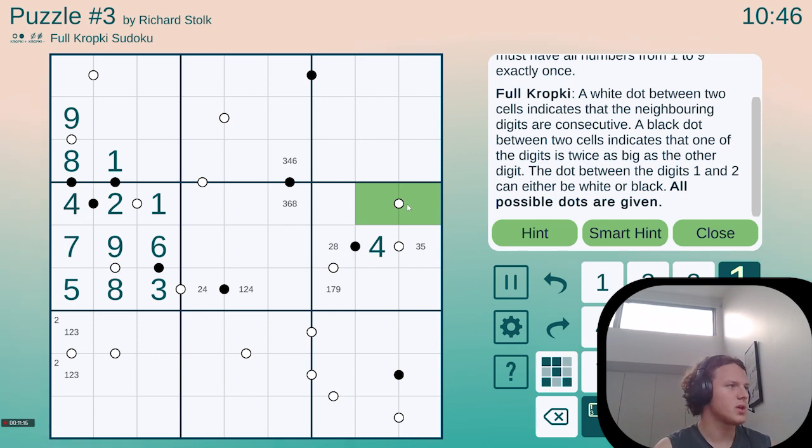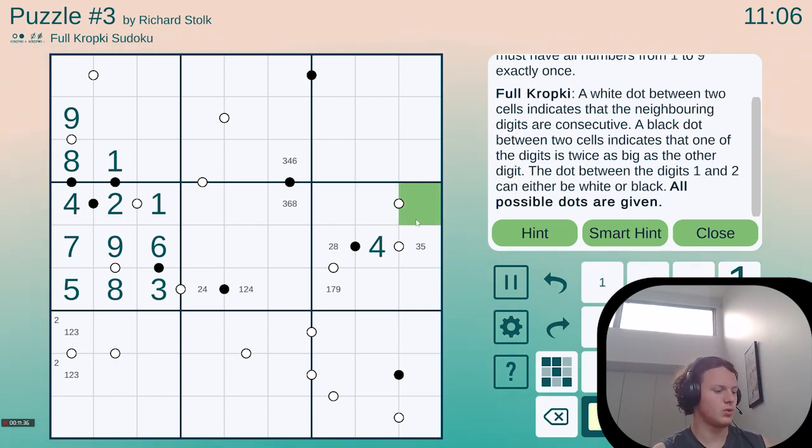Okay, we'll look at this actually. So we know it can't be a 1, 2, 3 or 4. So it can't actually have a 3 in it. It could be a 5, 6. But if it was, that 5 would have to be there and the 6 would have to be there, obviously like this.